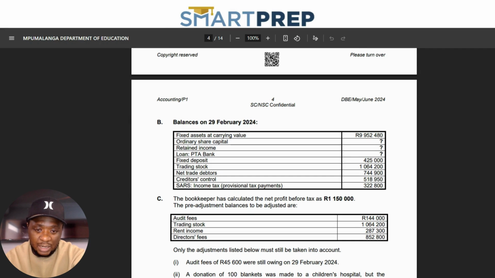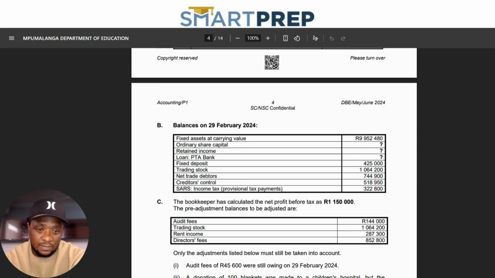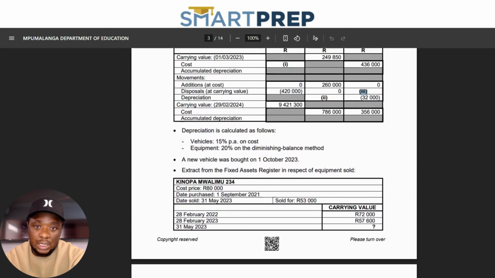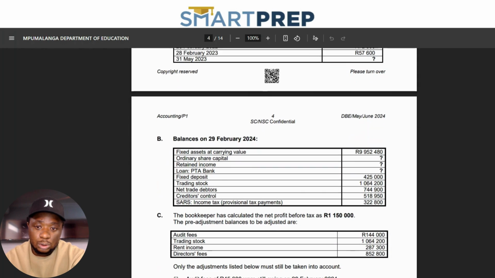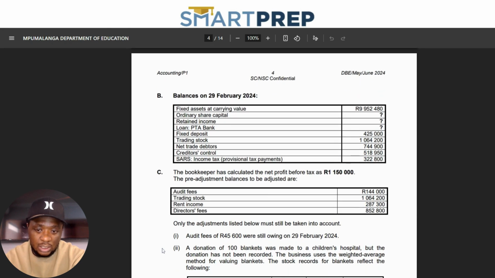The pre-adjustment balances to be adjusted are the following. So we've got the audit fees for 144,000, and I want to see something. So we have the balances here. Okay, we don't have audit fees. That's cool. Trading stock, directors' fees, rent income, all of that. So let's look at the information.